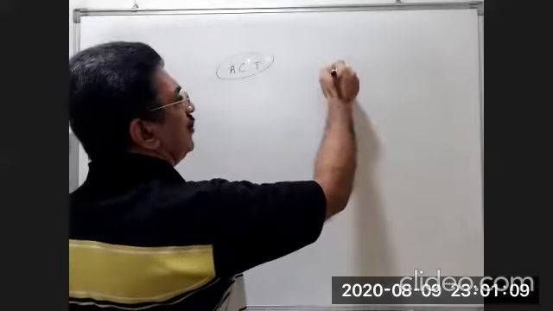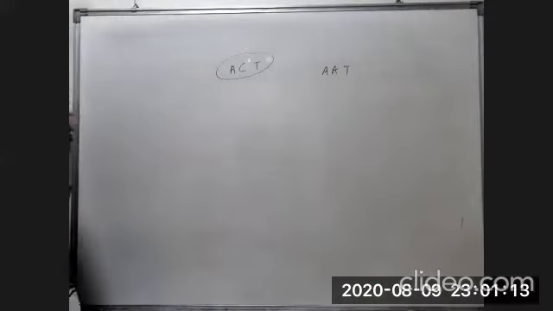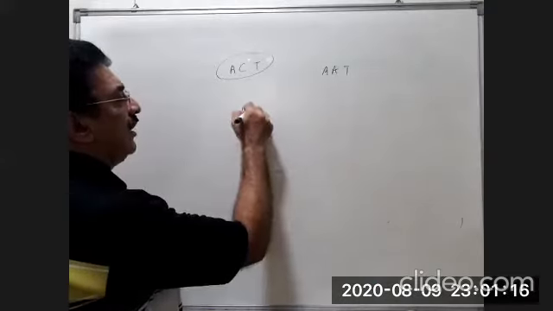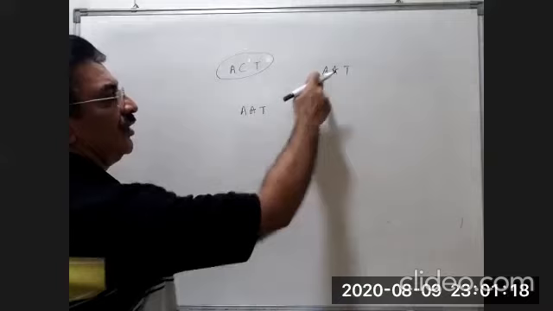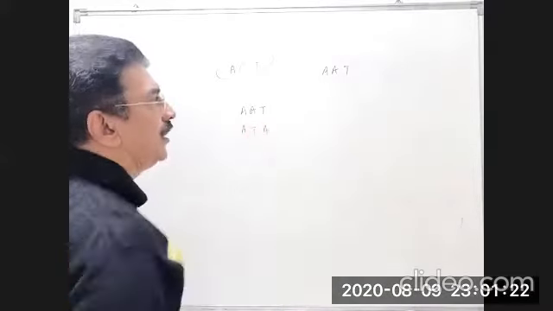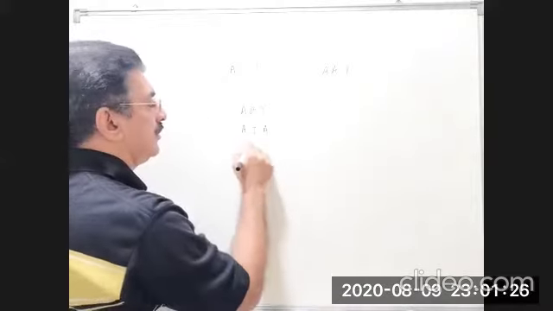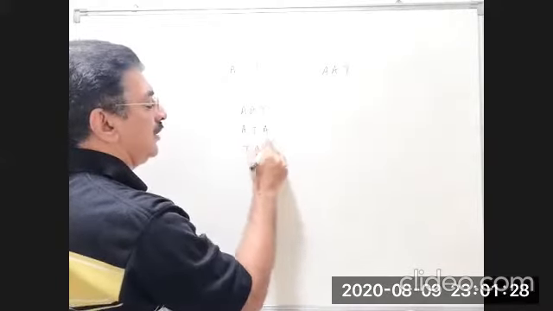Each of them, if it was AAT, if it is AAT, again starting with A, ATA, that's all, right? Then starting with T, AA. That's all.